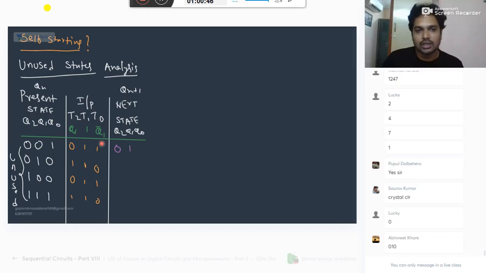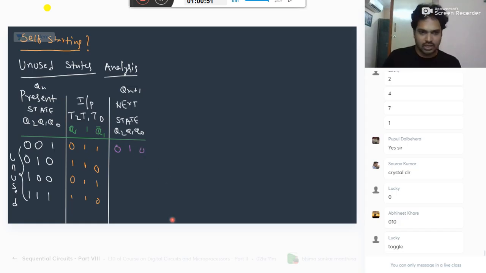For T0, it is 1, so previous bar. If it is 1, previous bar. If it is 0, same as previous. If it is 1, take the previous bar, and if it is 0, take it as it is. This is how you can make it.